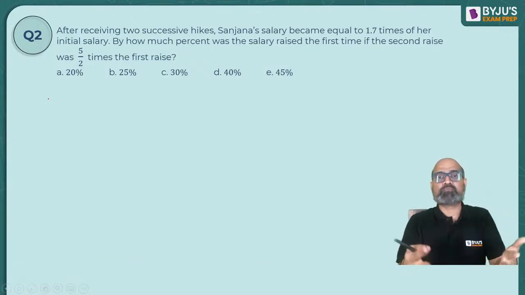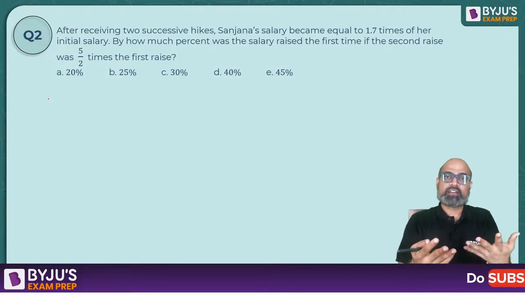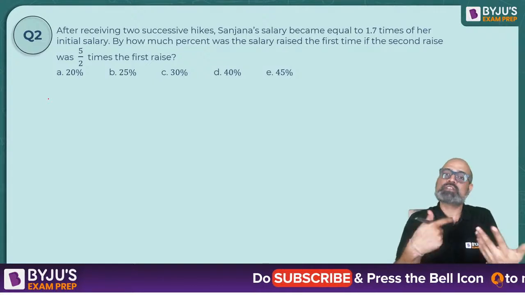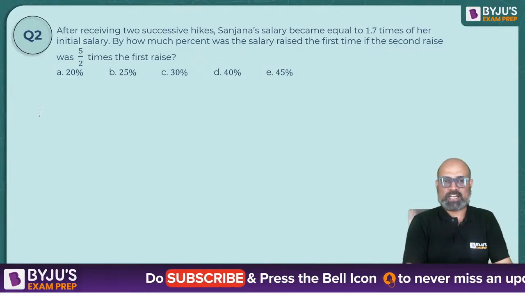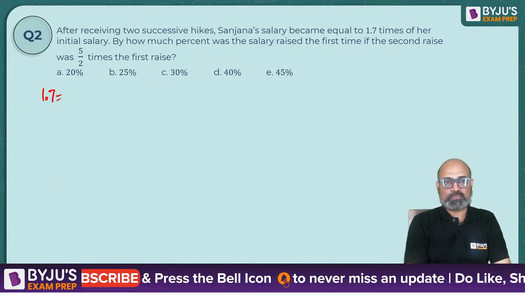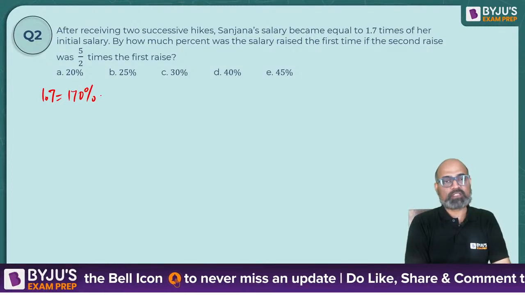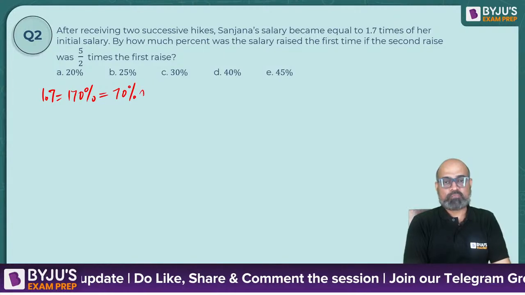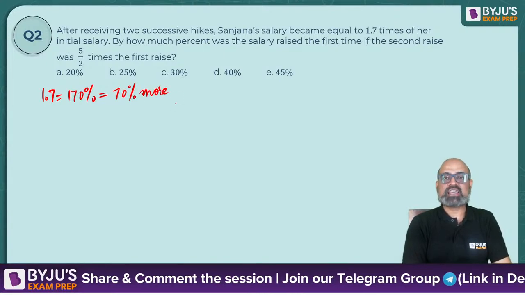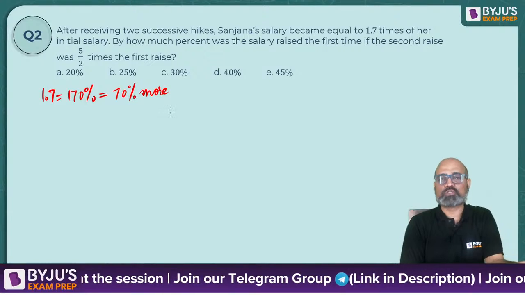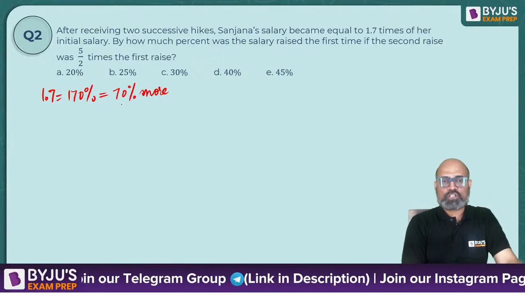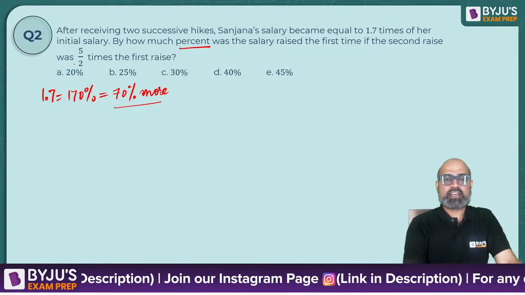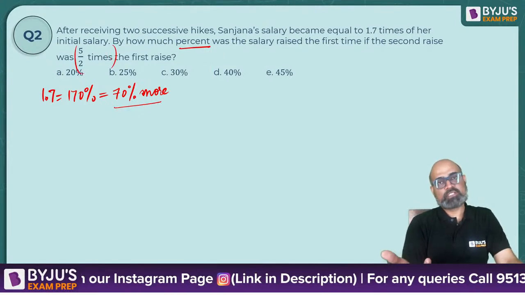Means everything is in multiplication, right? Getting something 1.7 times, what does it mean? 70% increase. We did the multiplying factor, no? So can we write 1.7 is nothing but 170%, and 170% is 70% more profit increase, any English word that is a synonym to more you can use, right? So 70% more should happen. The next one is again percentage, and 5 by 2 times is again percentage.